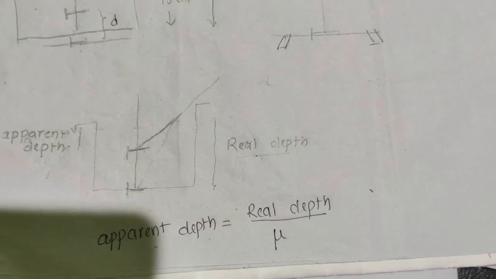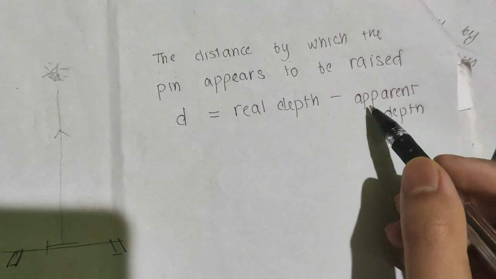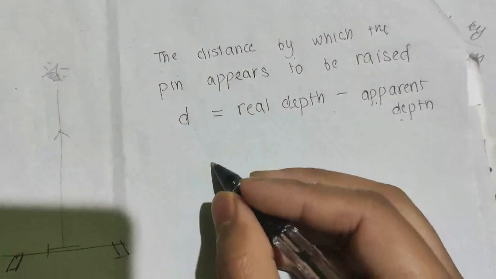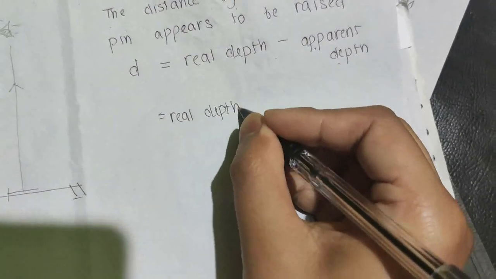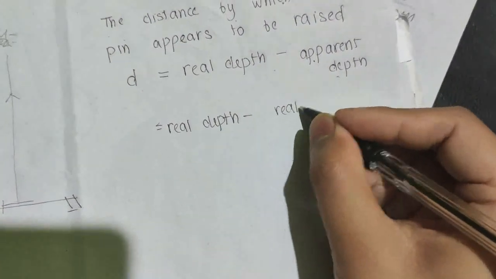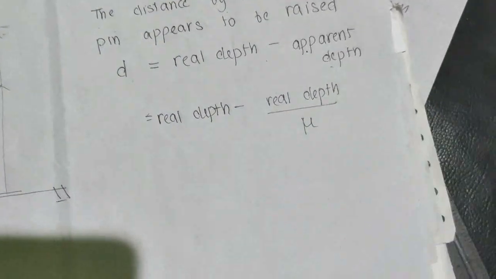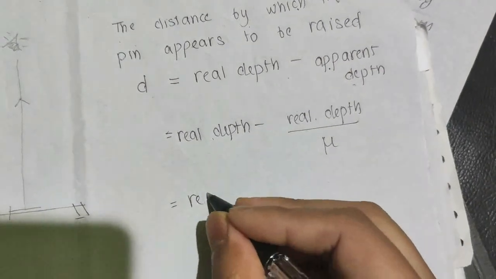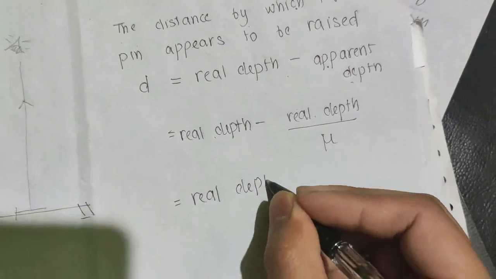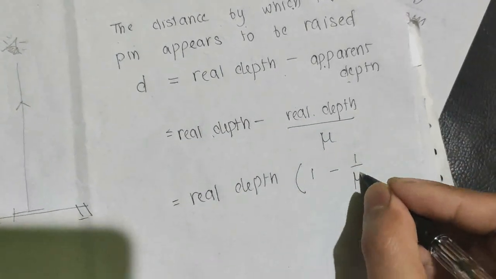If you have confusion, go back to the practical application of refraction and revise. So, instead of apparent depth, can I write it like this? Real depth minus real depth divided by my refractive index. Now real depth I can take common. So I have real depth, and inside the bracket I have 1 minus 1 by mu.